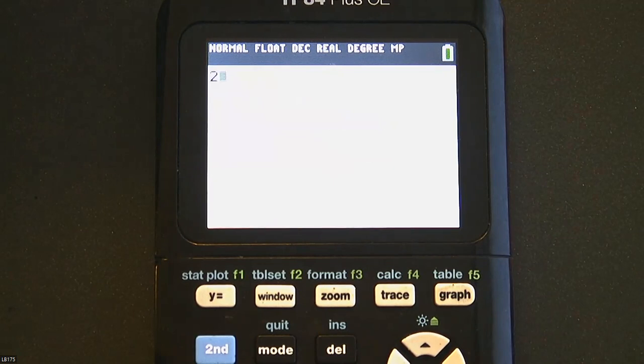And then, what was it? 22.8 divided by tangent of 34 degrees. And therefore, I know that my value of B is 33.80, roughly.